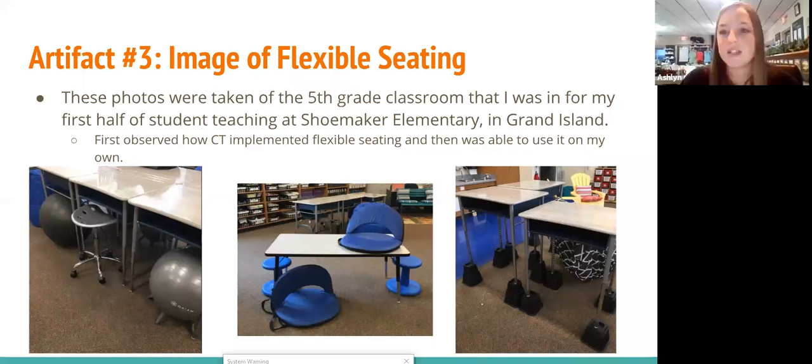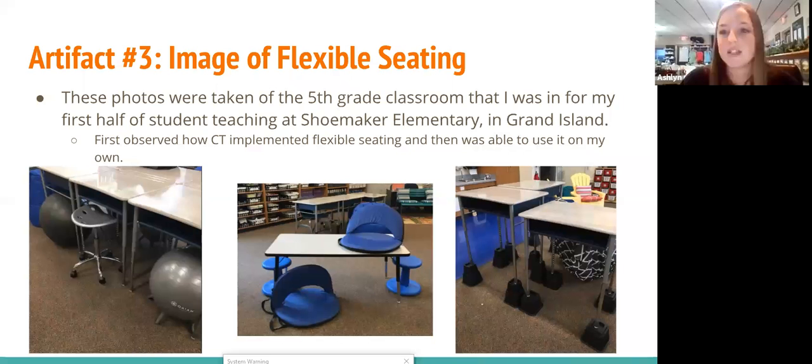At first, I didn't really know how well it would work because I just figured the kids would see it as a toy instead of as a learning strategy. But after the students really got used to it, you could tell that it was really helping them, those students that needed it, to really be focused and stay on task during our lessons.